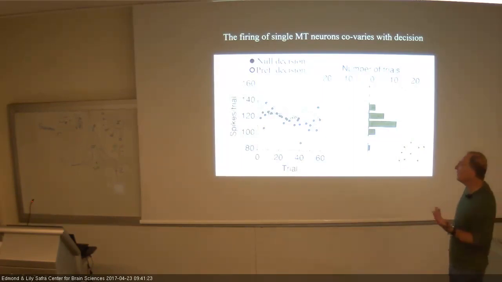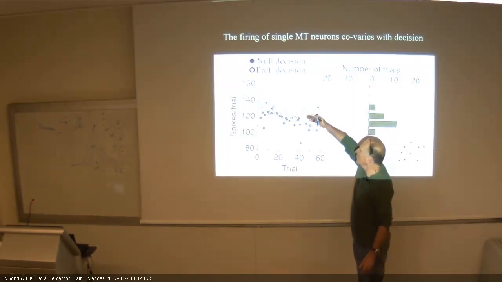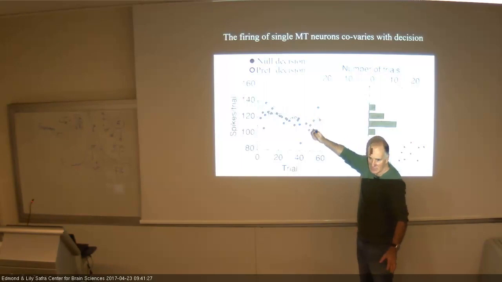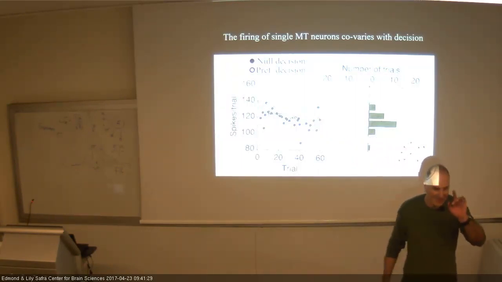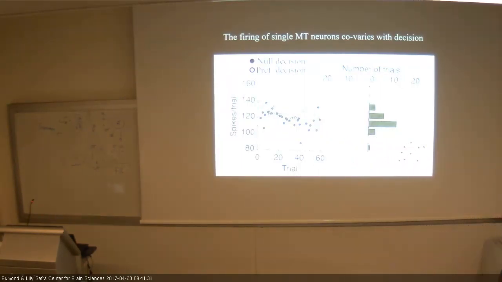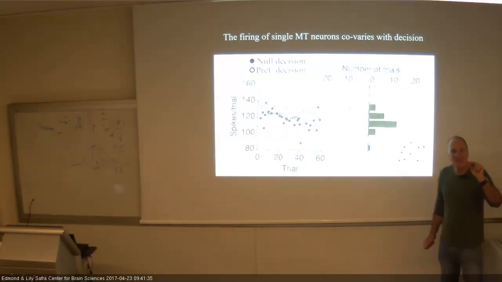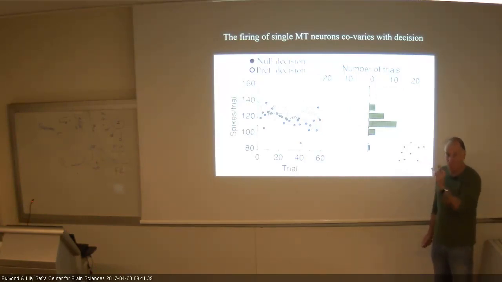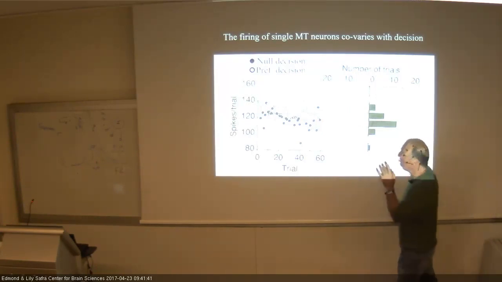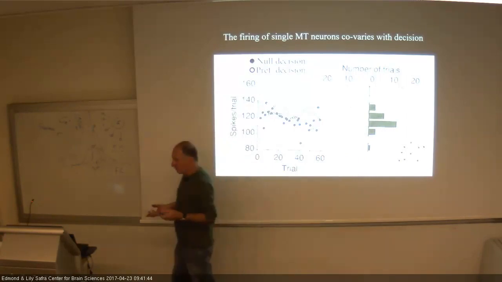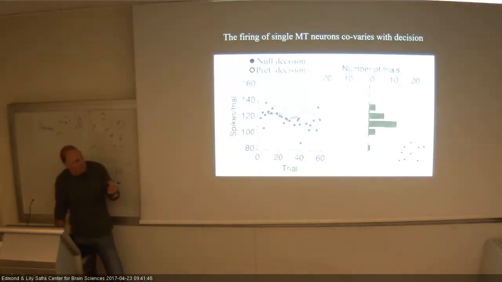If it were not the case, you would not expect this. Now, of course, I see some disagreement in the background. One has to say that this is just correlation, it's not causality. And we'll talk about causality in a minute. But this is suggestive that cells have significant contributions to the monkey's decision.